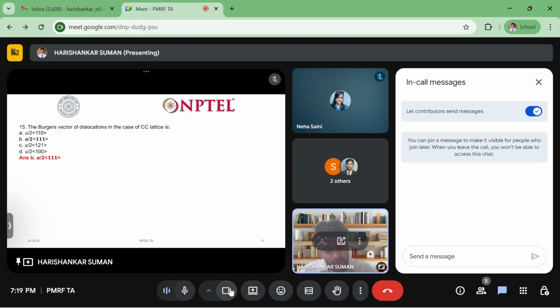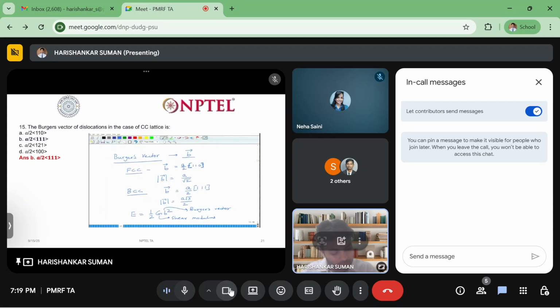So answer will be a by 2 in the 111 direction. The Burgers vector for BCC is half 111.